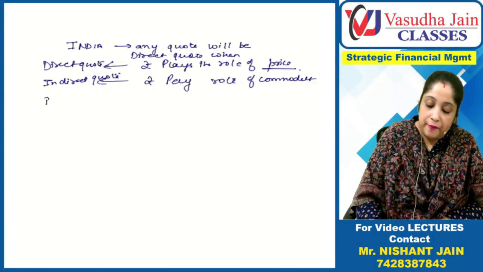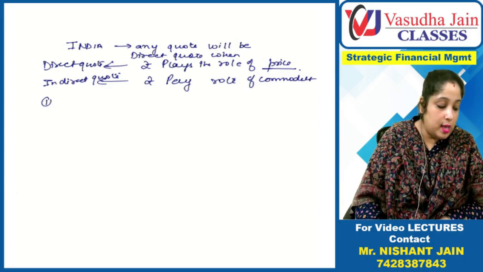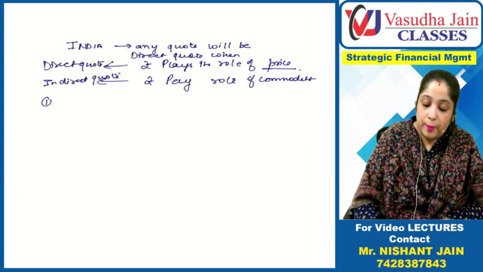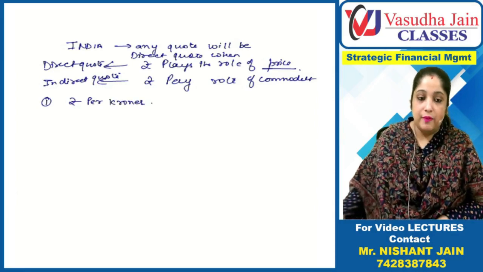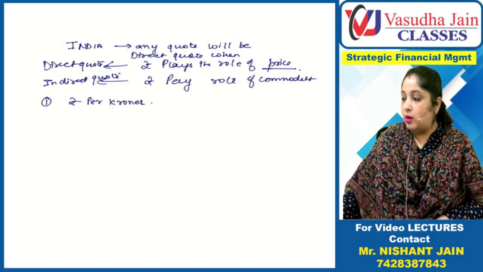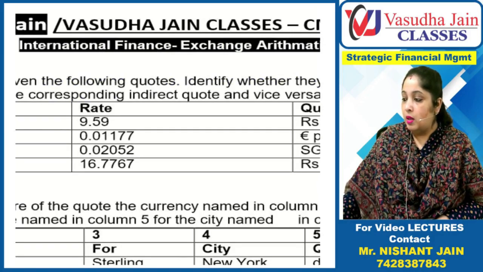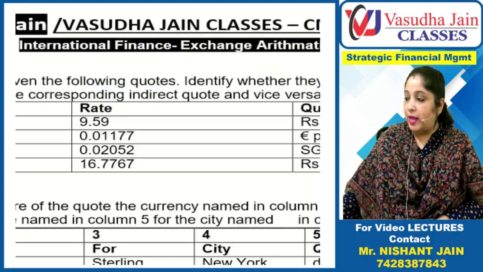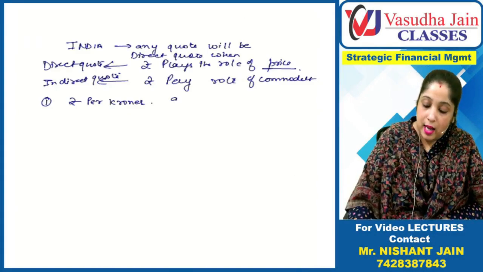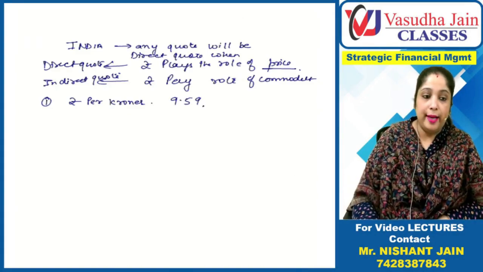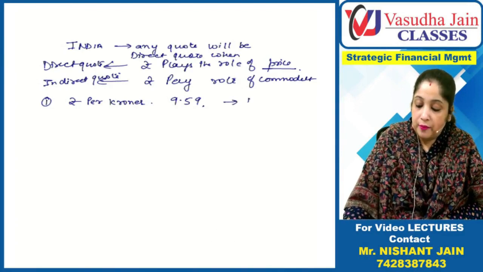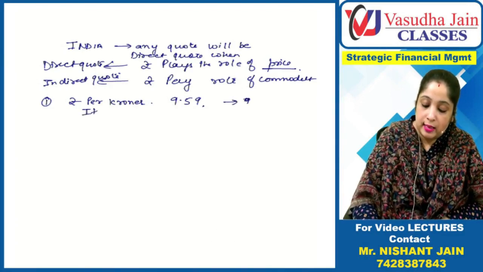So in the first case, the rate given to us is rupees per kroner. How much rate is given to us? The rate given to us is 9.59, right? So first of all, if you want to write the answer, it is like this.